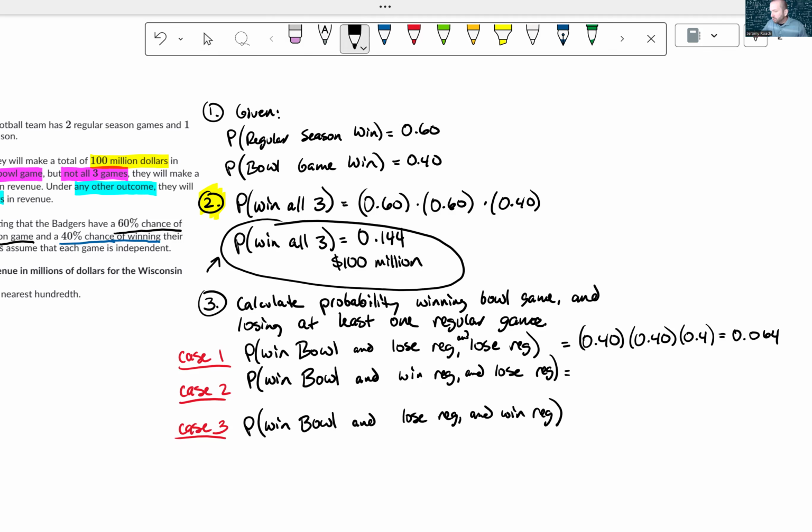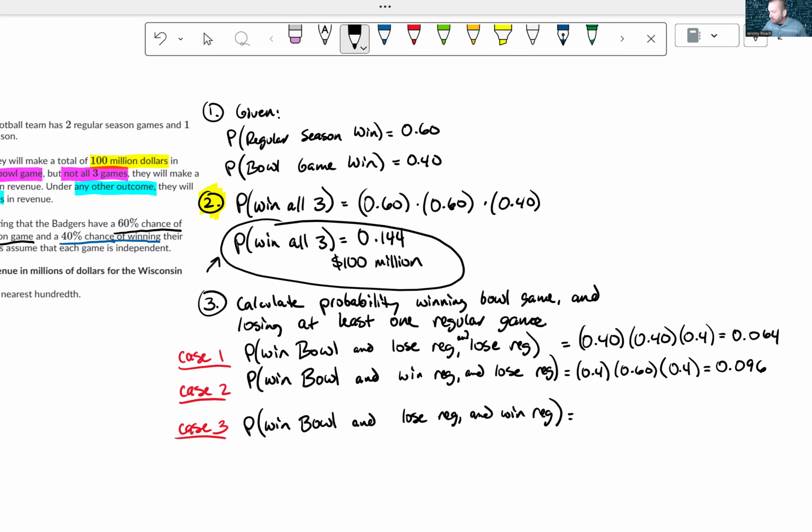For case two, the probability of winning the bowl game, again, is 0.4. Winning a regular game is 0.60. Losing a regular game is the complement of that, 1 minus 0.6, or 0.4. Multiplying that, we get 0.096.